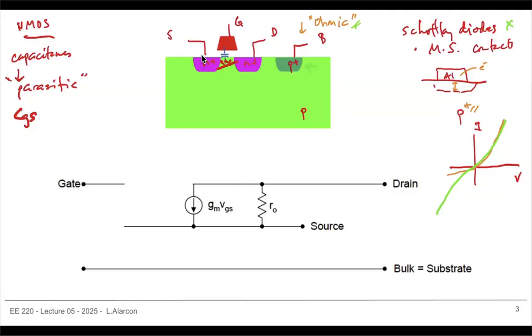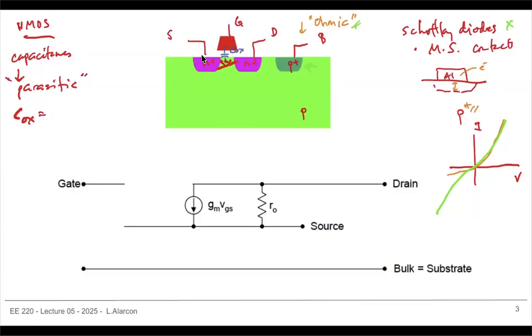Or let's talk about this first, right? So not CGS, but let's talk about the oxide capacitance, that gate capacitance. And that's really this one, right? I should have made this larger. It's the COX, right?